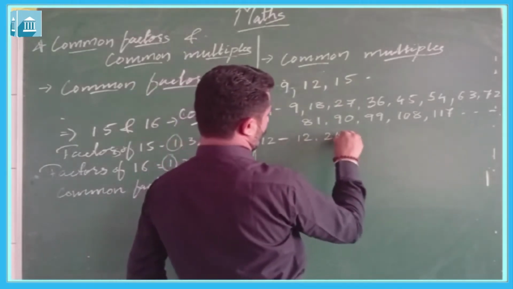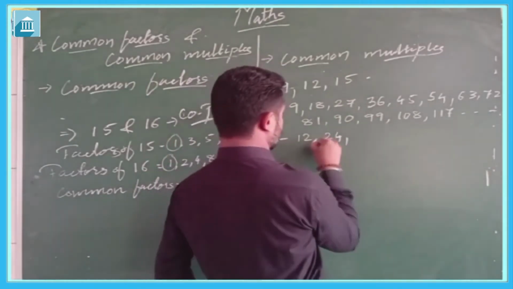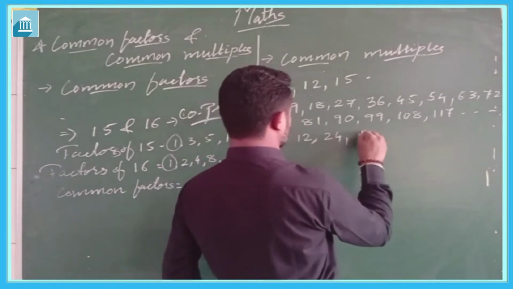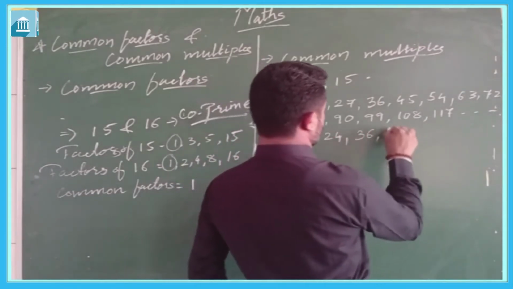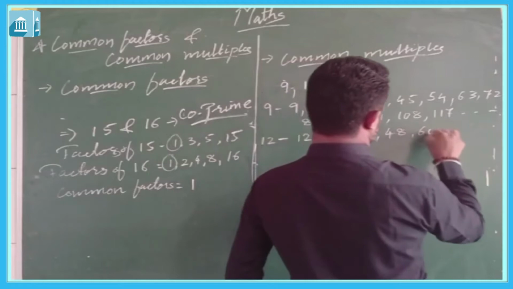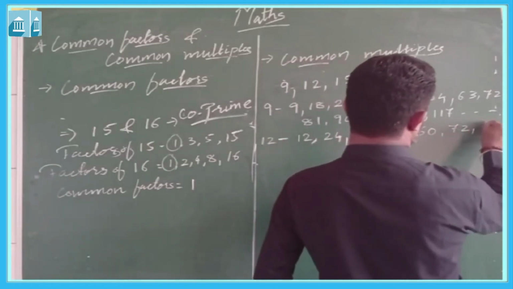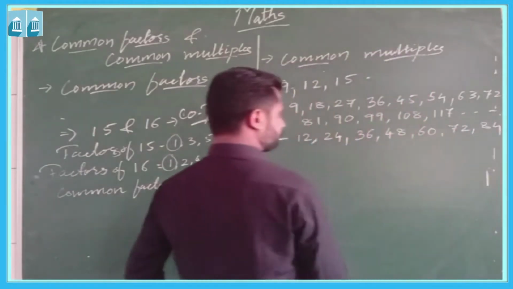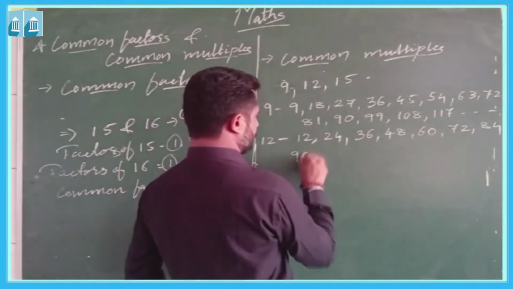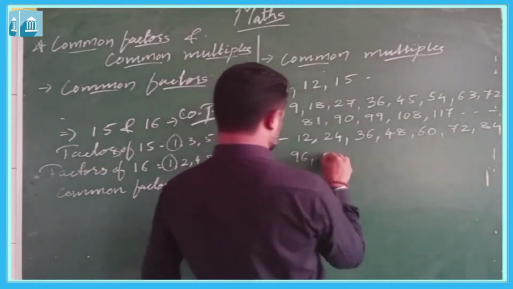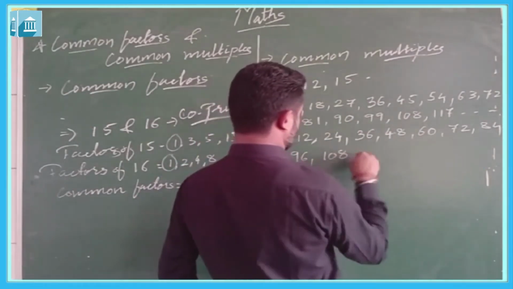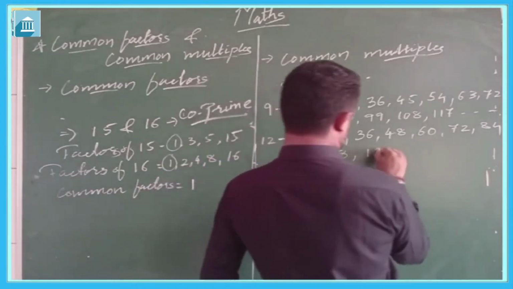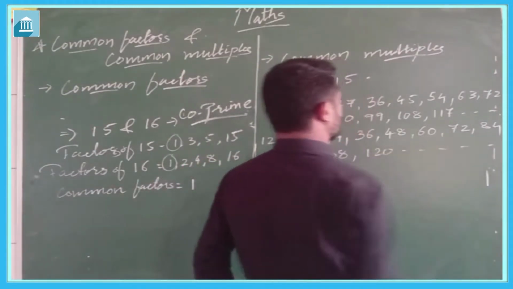In the same way, multiples of 12 are 12, 24, 36, 48, 60, 72, 84, 96, 108, 120, and so on.